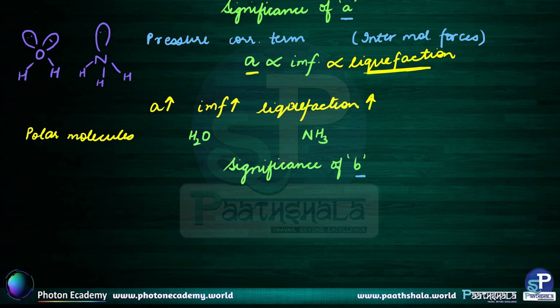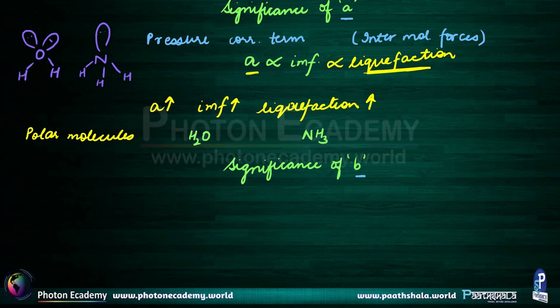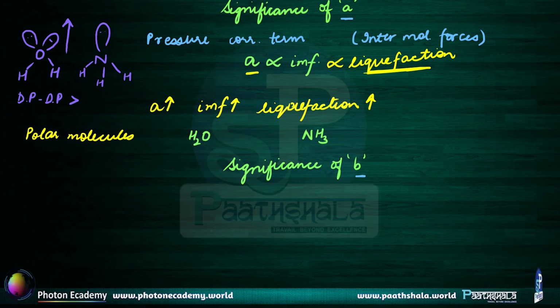The polarity of water will be high, because of the orbital magnetic moment of water. So the polar nature of water will be high. Therefore, the dipole-dipole interactions for water will be higher than the dipole-dipole interactions for ammonia.